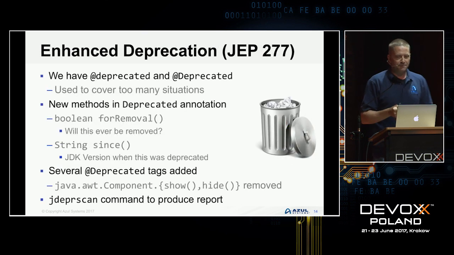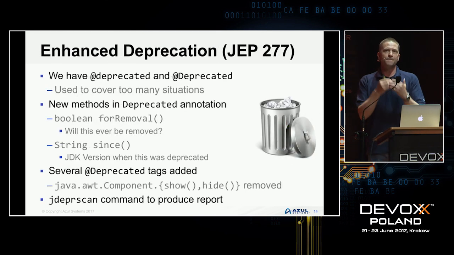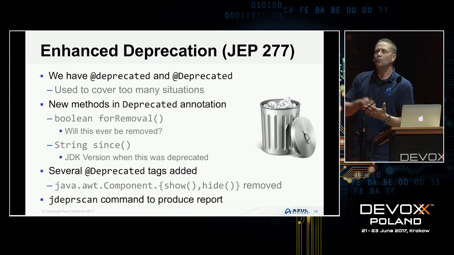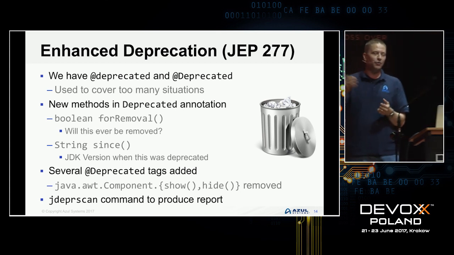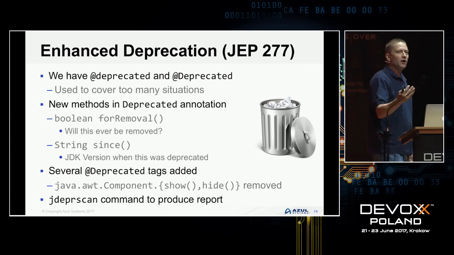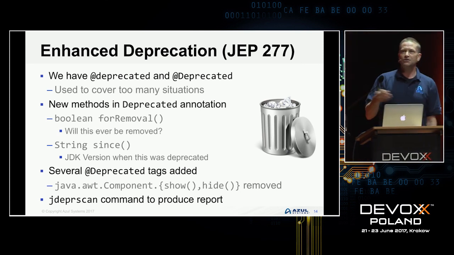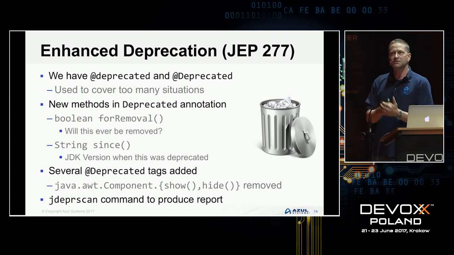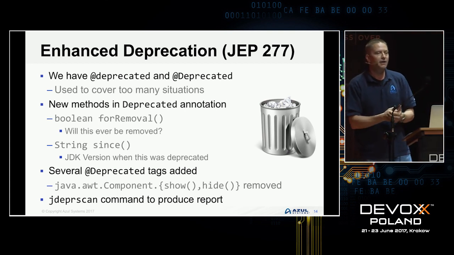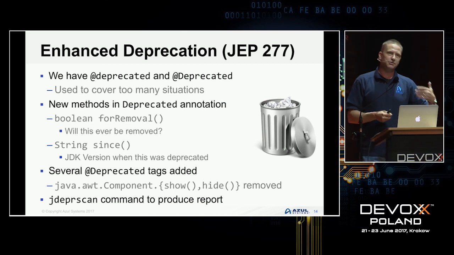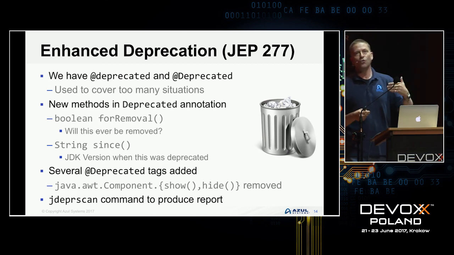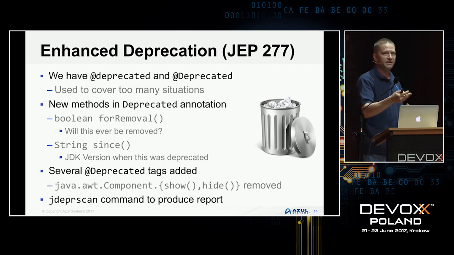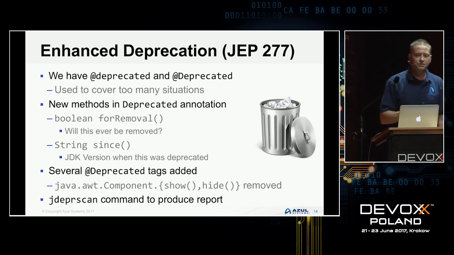Enhanced deprecation. So we've had deprecation right from, well, not quite the beginning of Java, but from 1.1. And in 1.1, there was the @deprecated Javadoc tag that was introduced to indicate that certain elements in the API should no longer be used, because there are better alternatives or the ones that are being deprecated should no longer be used.